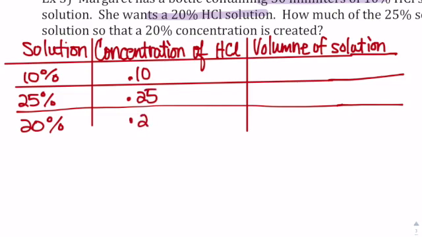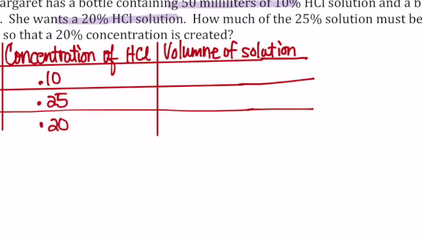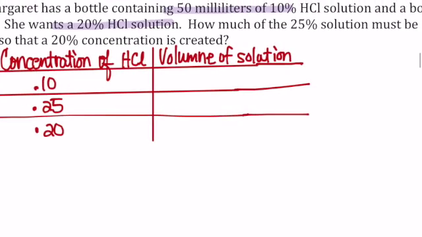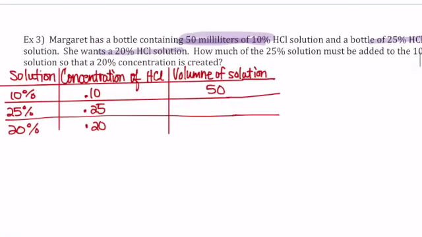Then for the volume of the solution, the volume of the 10% is 50 right here. Then what is the 25%? Now here's the thing: we don't know how much 25% solution we need, so the 25% volume is going to be N.